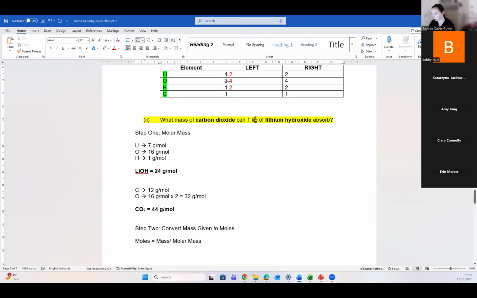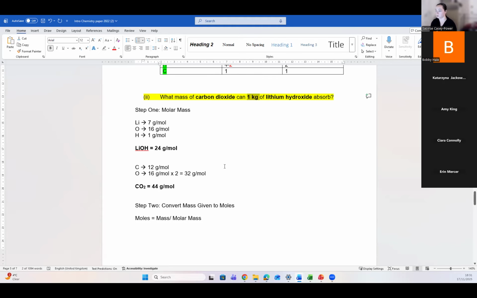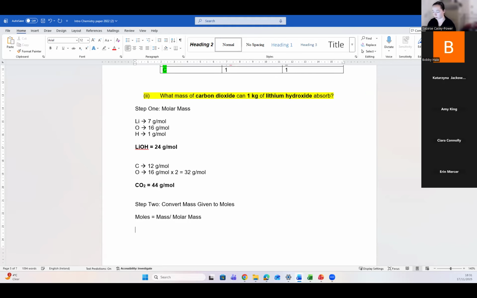And we were told we have 1 kg. We won't be dealing with this much, but just so I can show you for this question, can you see that all of the molar masses are grams per mole? Yes, we have to convert that, isn't it? Exactly.